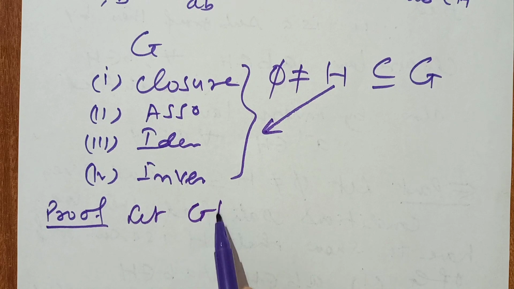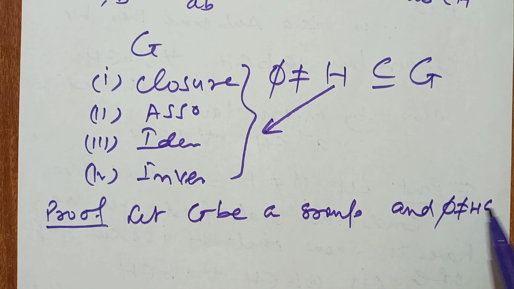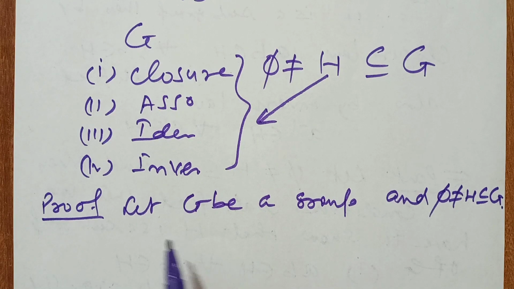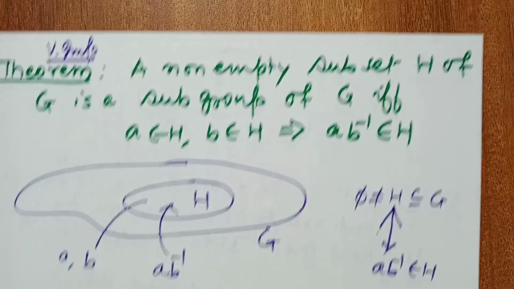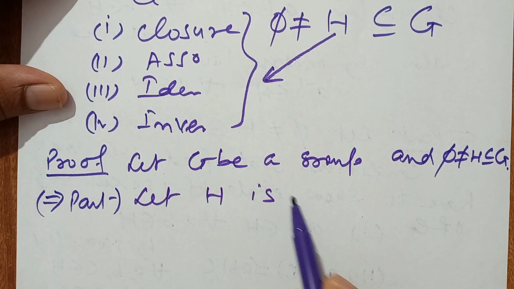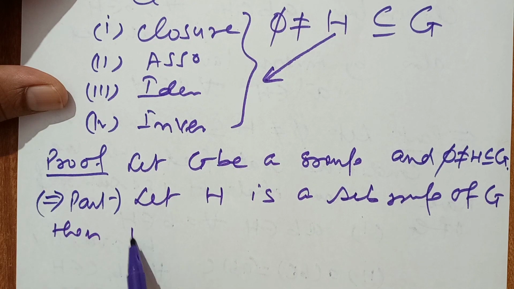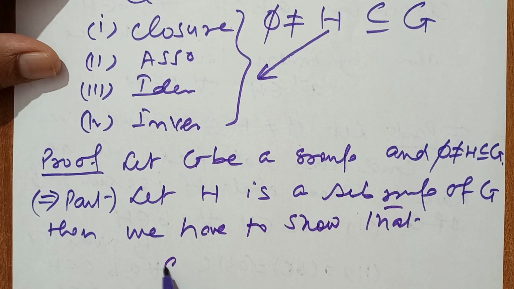Let G be a group and H a non-empty subset of G. This is common for both parts. The first part is that if H is a subgroup of G, then we have to show AB inverse belongs to H. So the first part: let H be a subgroup of G, then we have to show that AB inverse belongs to H for all A, B in H.